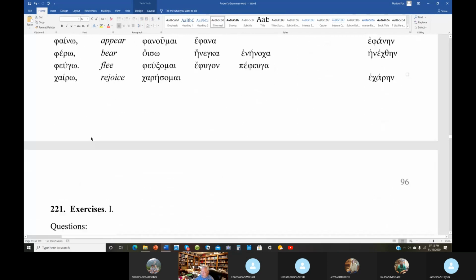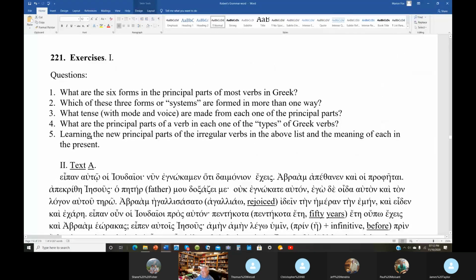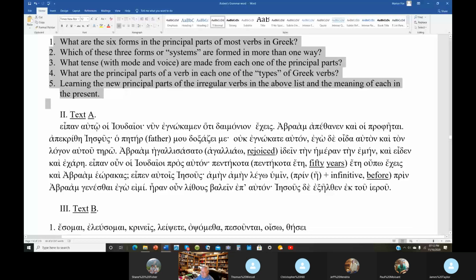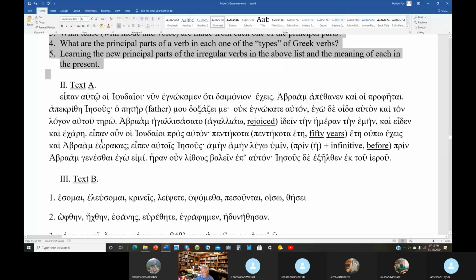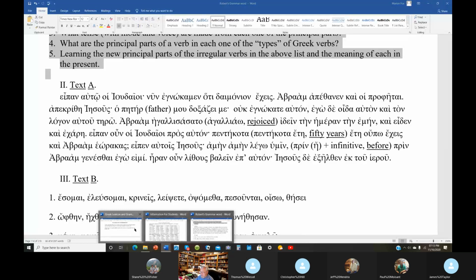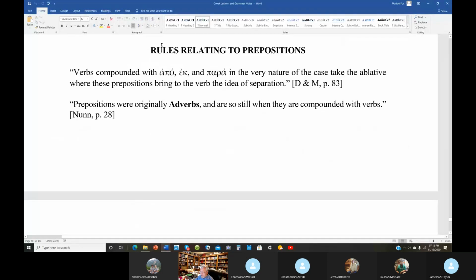Now, what we're going to do next week, I'm going to do something else. We'll go back and review these questions, and we'll go into text A and work it for next week. I want to go over into this file right here. We had some questions last week about prepositions.